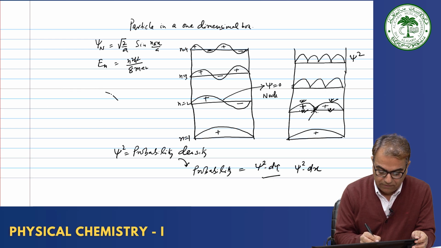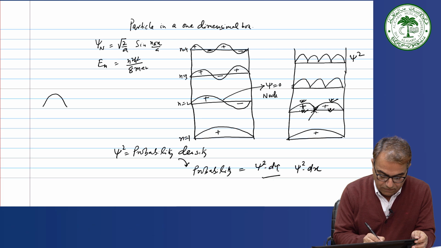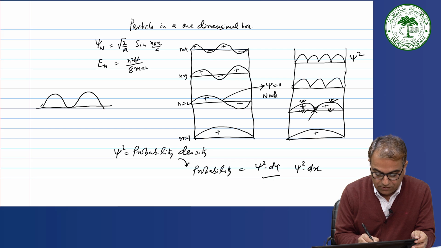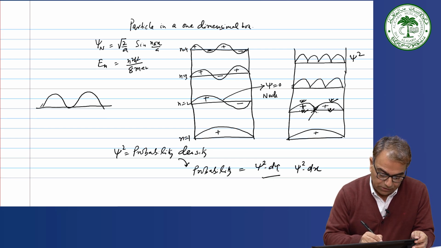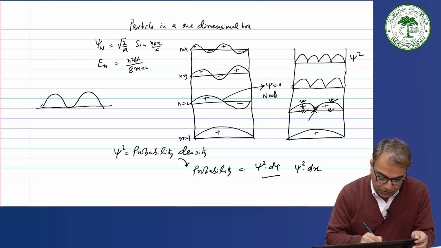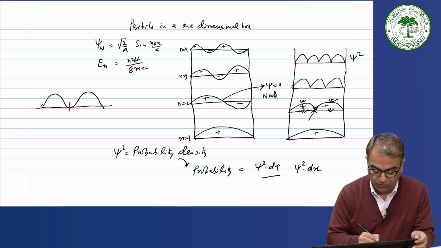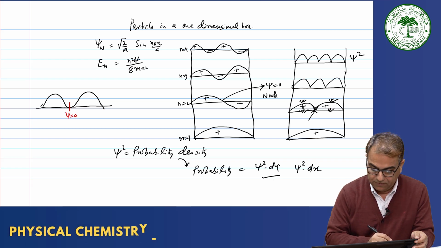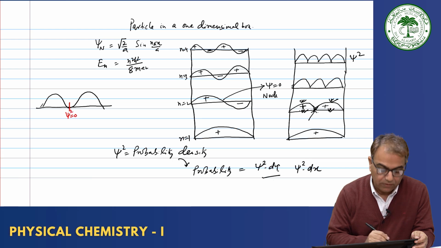It is like this one, and this is your point. Think of this point. There will be one particular point at which psi is 0, or psi square is 0.